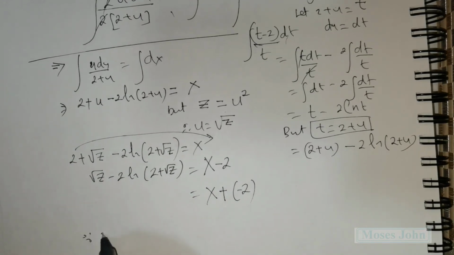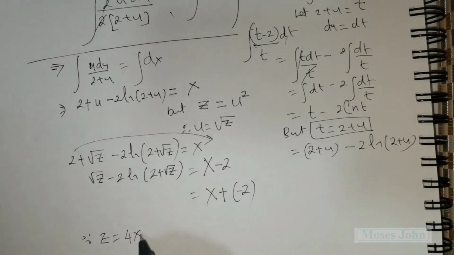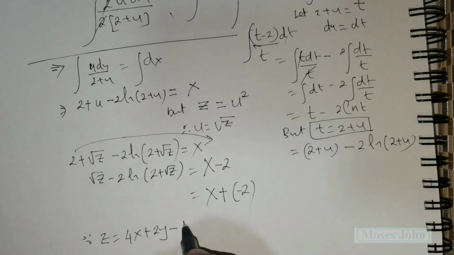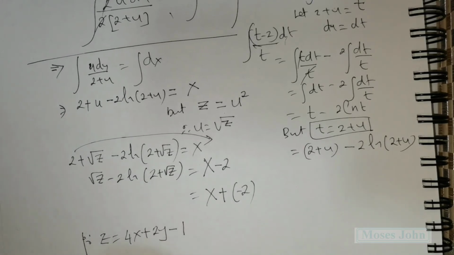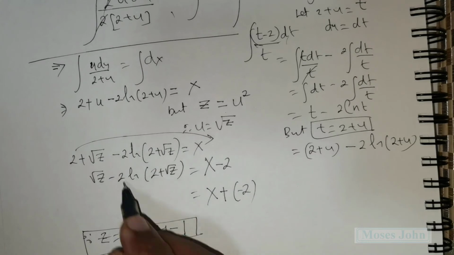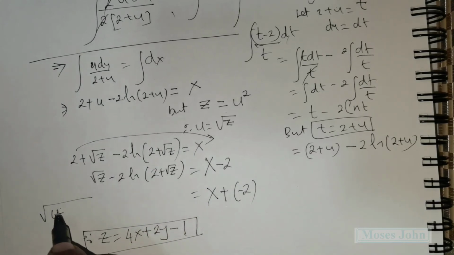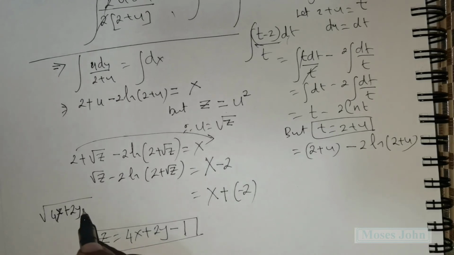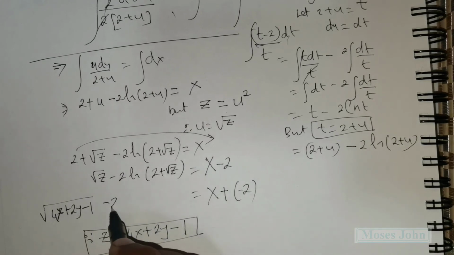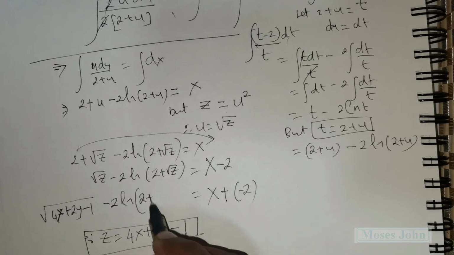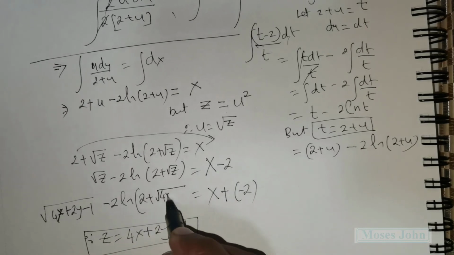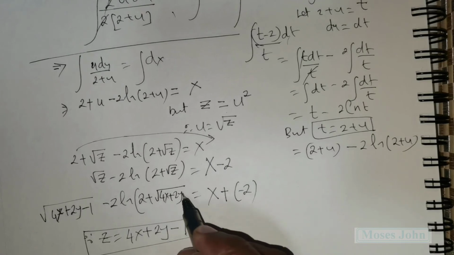Now since z is 4x + 2y - 1, I am going to use this over here. So that's going to be root of (4x + 2y - 1) - 2 ln(2 + root of (4x + 2y - 1)).